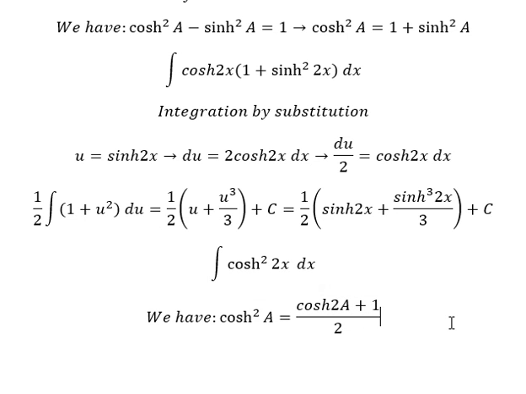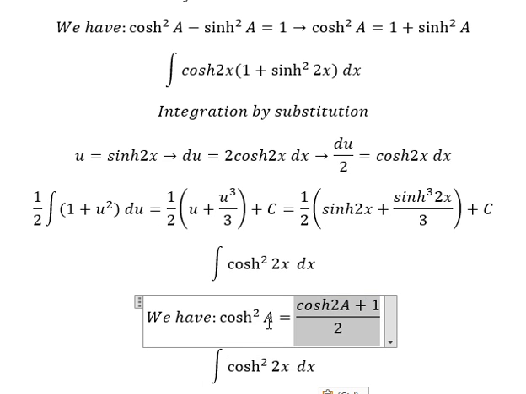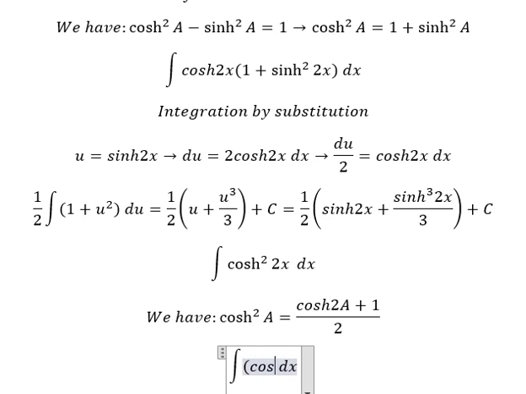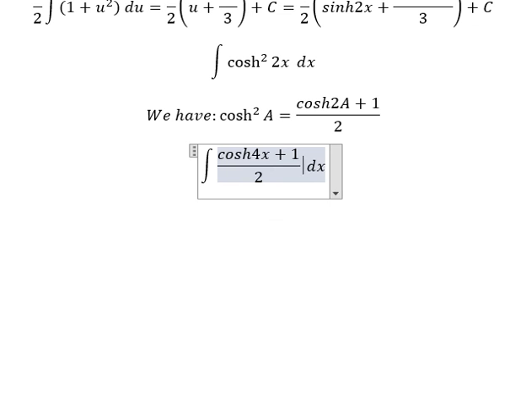So we need to change this one into this one. Capital A, that's 2x. Number 2 with A, we have 4x. And now I will put number 2 outside.